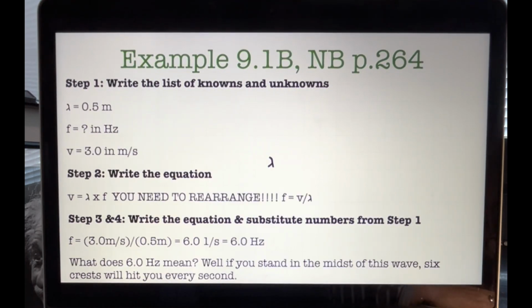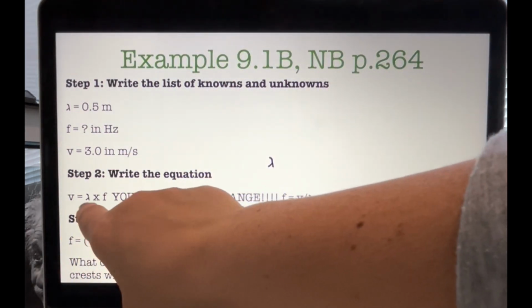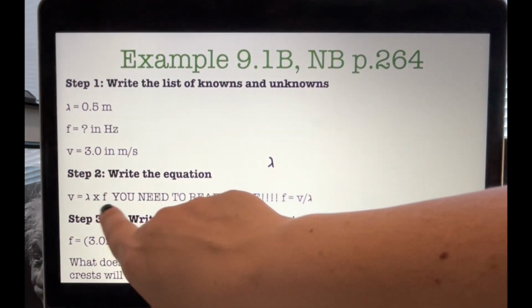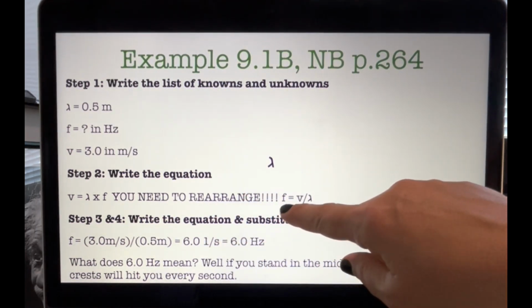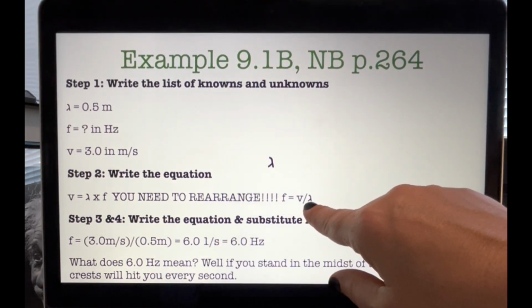Example 9.1b. What is the frequency of a wave that travels at a speed of 3.0 meters per second and has a wavelength of 0.5 meters? So the wavelength is 0.5 meters. The frequency is what we're trying to solve for, and the speed equals 3.0 meters per second. Step 2, write out the equation that we need. Here we have the speed equals the wavelength times the frequency, but we need to rearrange it to get the frequency equals the speed over the wavelength.